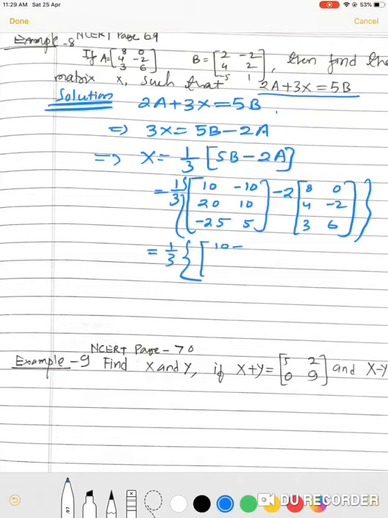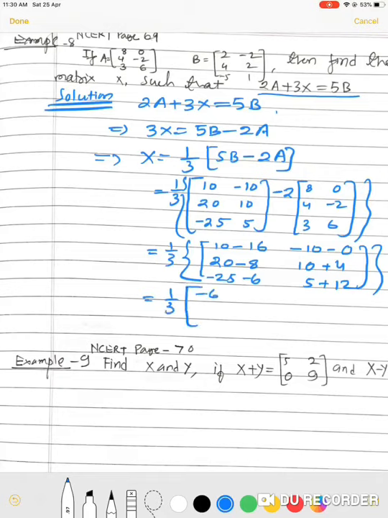10 minus 16, 20 minus 0, minus 25 minus 8, minus 10 plus 4, 5 minus 6, 5 plus 12, which is 1/3 of the matrix minus 6, 20, minus 33, minus 6, minus 1, 17.